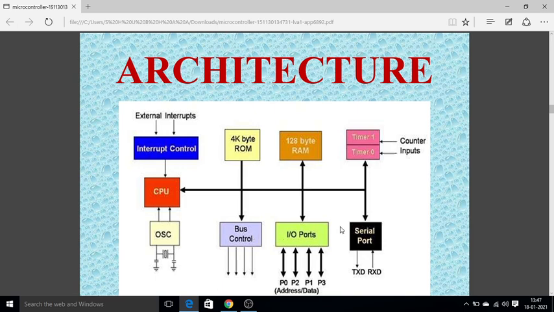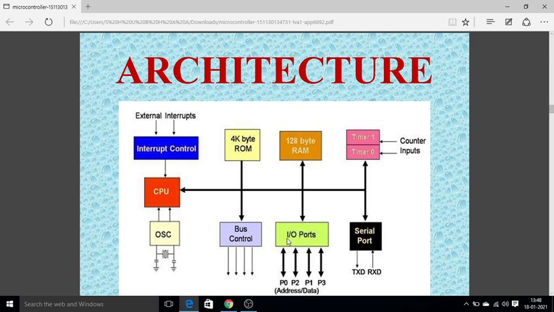And we know that the 8051 is an integrated circuit with a 40 pin IC, in which 32 of the 40 pins serve as IO ports that can be programmed as bidirectional input output pins.